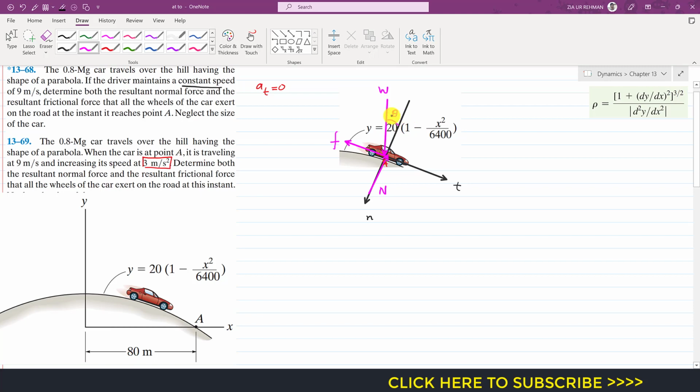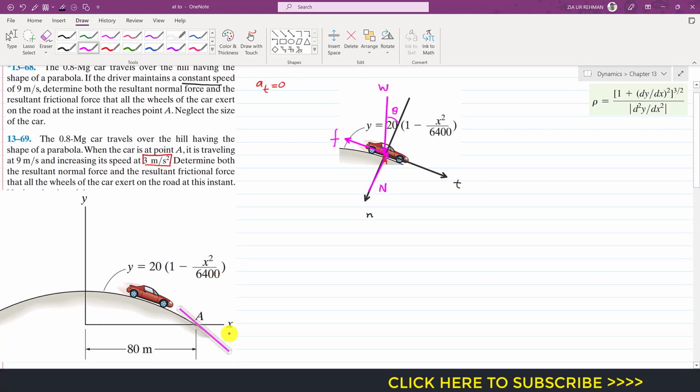Now we need to have this angle theta. So we need to find this angle theta at point A. So at point A, if I draw a tangent line like this, and if we assume a small triangle like this, and if this is that angle theta, so we can find this angle theta if we consider that this is dy, the small change in the y coordinate, and this is dx, the small change in the x coordinate.